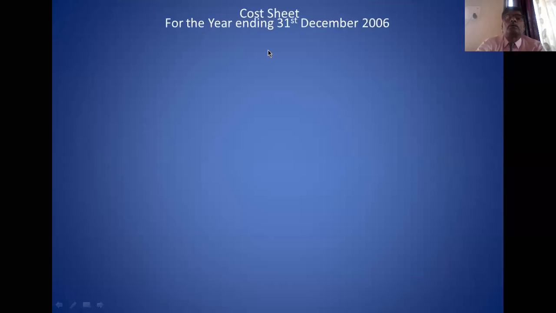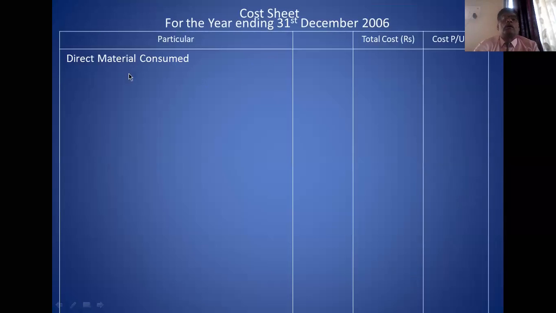You see here, cost sheet for 31st December 2006. Raw material consumed: opening stock is 8,000, add purchase 48,000. Take the total of these two, 56,000.